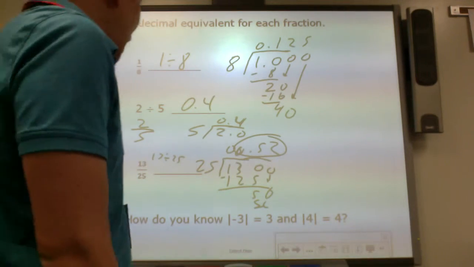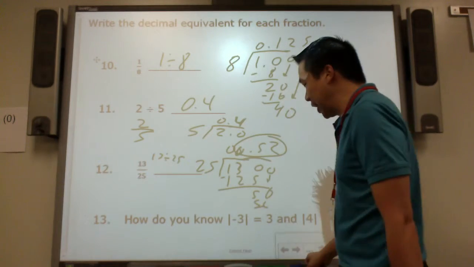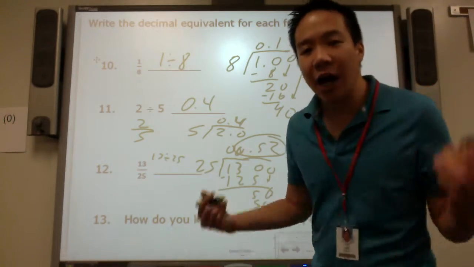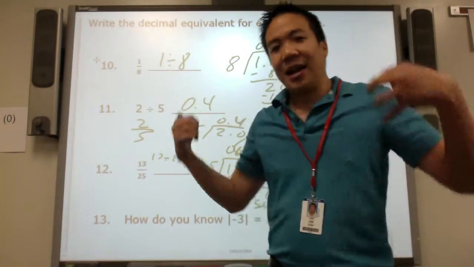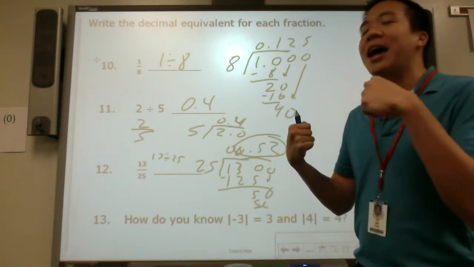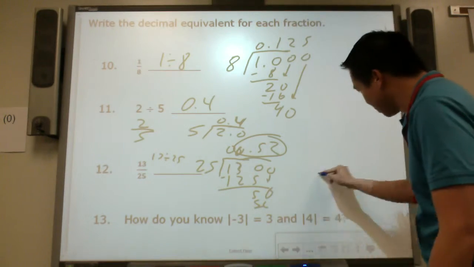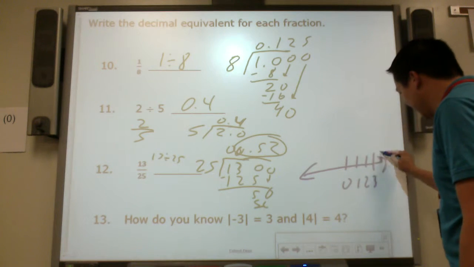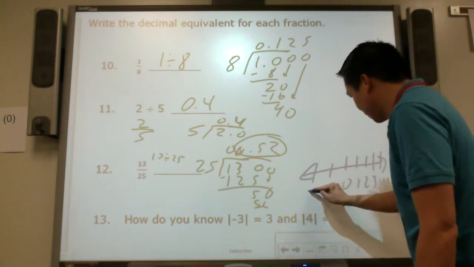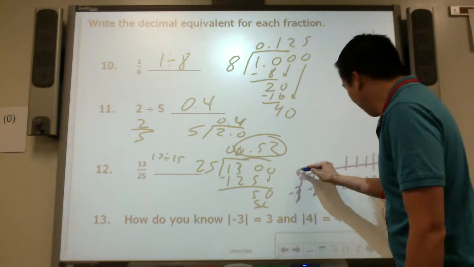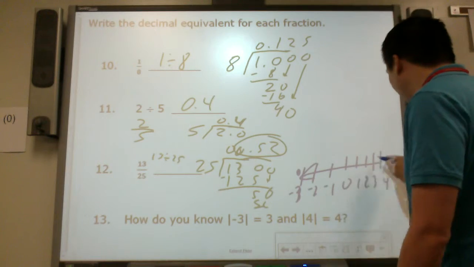And number 13, how do you know absolute value of -3 is 3 and absolute value of 4 is 4? Do not say opposite. Oh my gosh, I have all these kids saying, oh, it's the opposite. No, it's not. What's absolute value? Here's the number line. I'm going to plot -3 and 4.